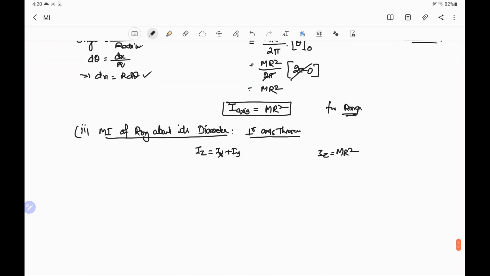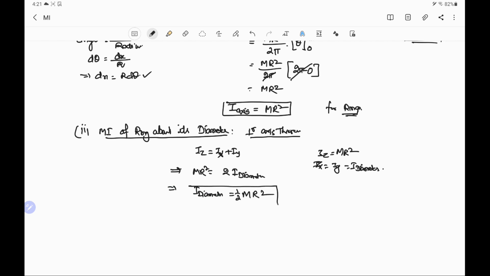So we can write Ix equal to Iy equal to I diameter, any of the diameters. This implies that mr square equal to 2 into I diameter. That is, moment of inertia about any diameter will be equal to 1 by 2 mr square. This is another relation for the circular ring. Next, we will take the moment of inertia of a disk.